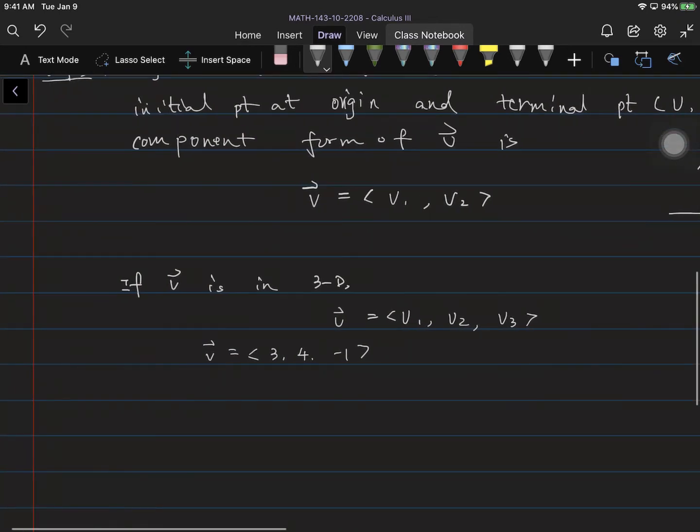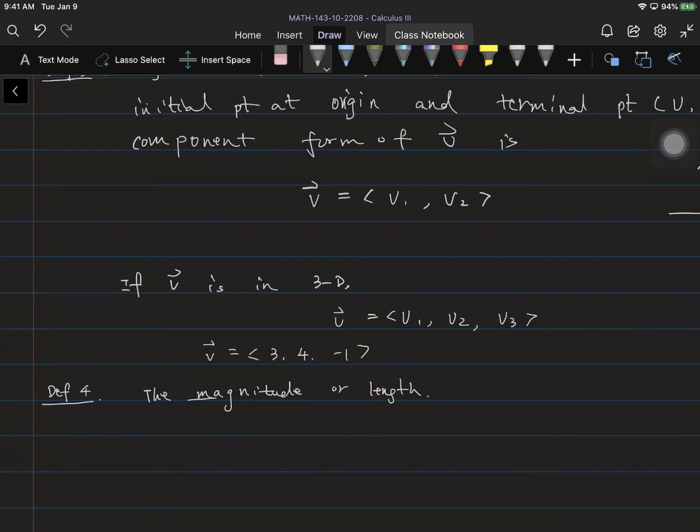Now let's take a look at how to calculate the magnitude or length of a vector. Magnitude or length, they are the same thing.